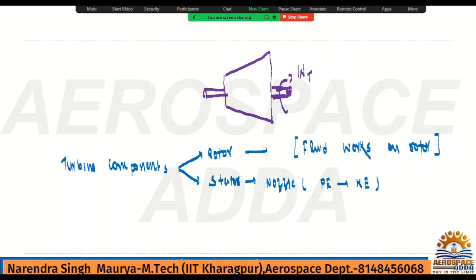I told you why in the compressor the relative velocity after the rotor decreased. It was taking work from the turbine and supplying it to the fluid. Because of that, the absolute velocity was increased after the rotor and the relative velocity was decreased, if you remember that, right?